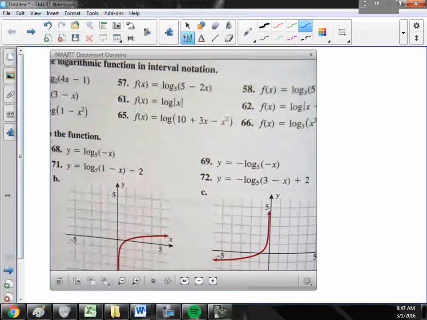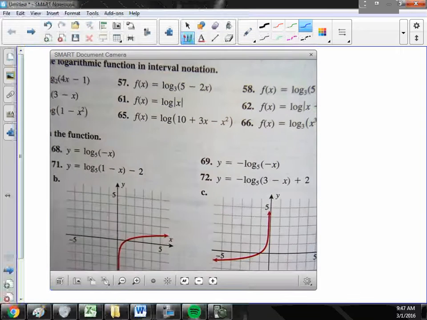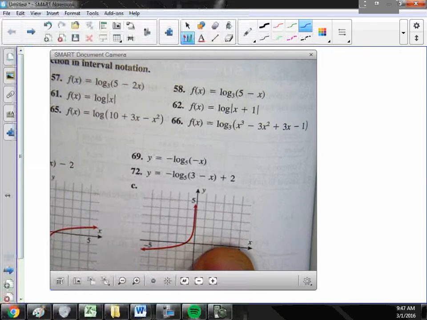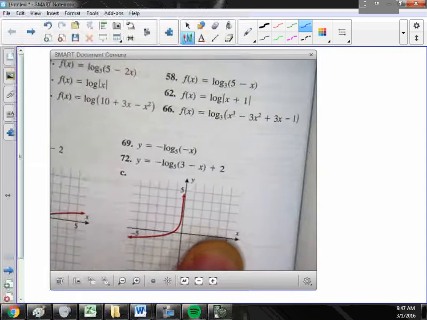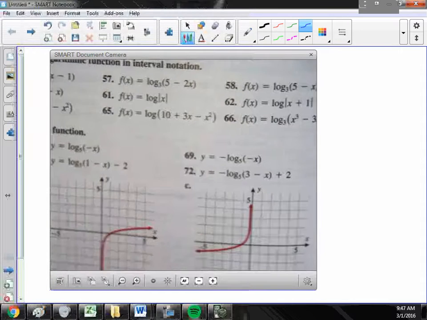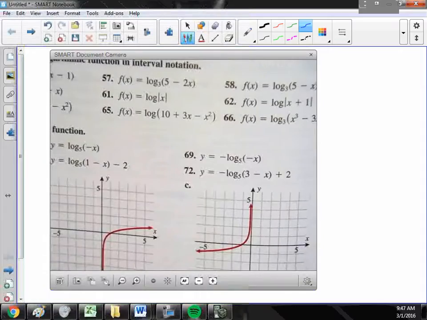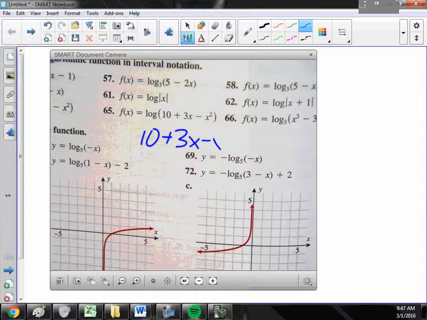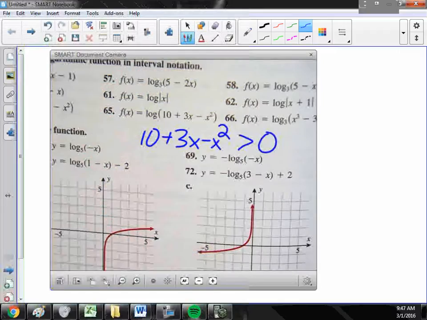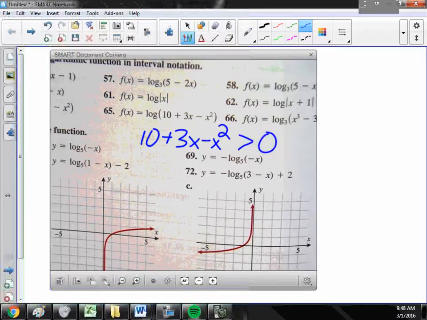Okay, so what about 66? Actually, we'll do 65. So in 65, 10 plus 3x minus x squared has to be greater than 0. I would move everything to the right side.